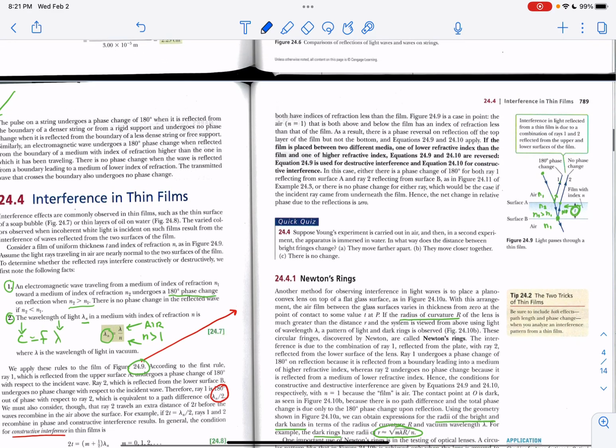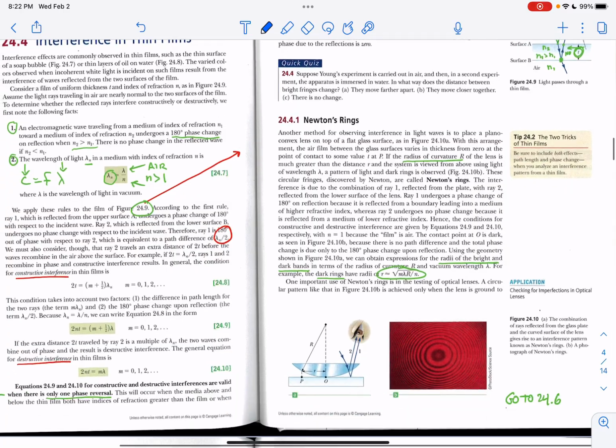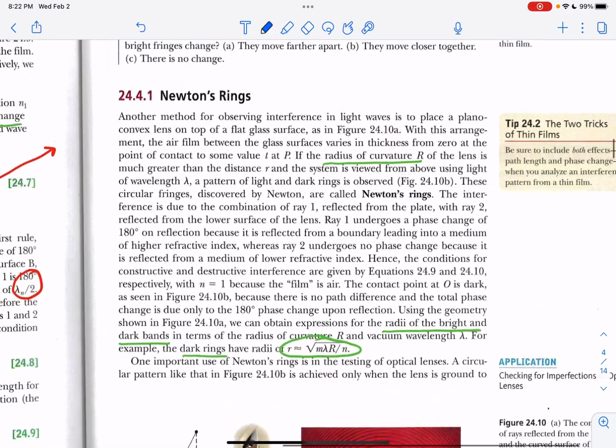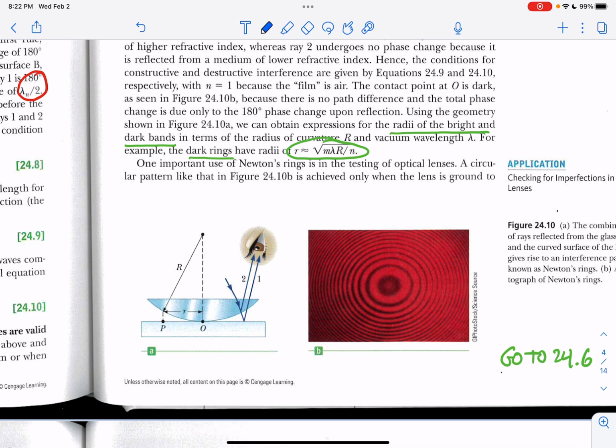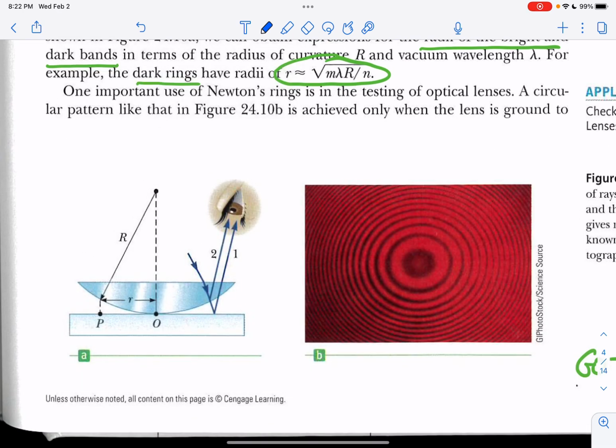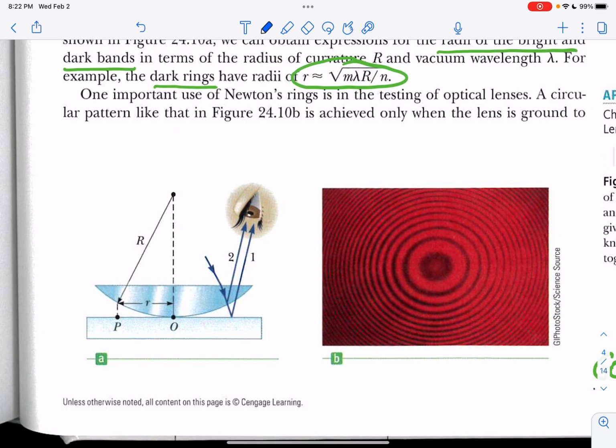And now we're ready to look at another phenomenon called Newton's rings. This is what Newton's rings look like. They are the result of light passing through a curved piece of glass in this case. There's the curved piece of glass.